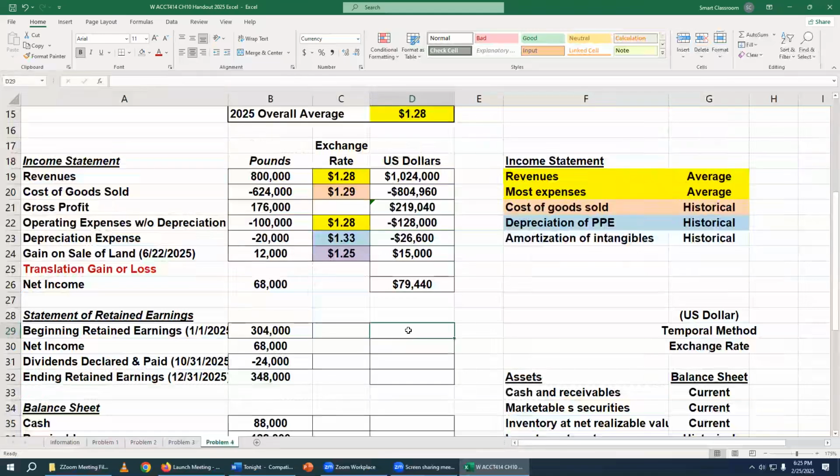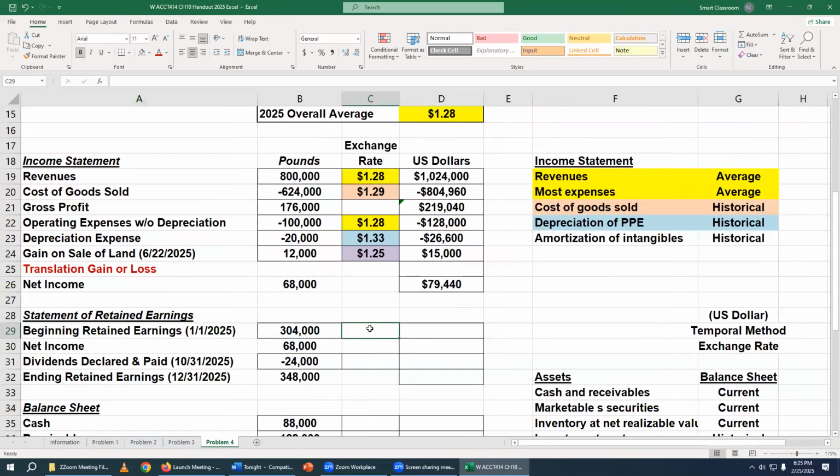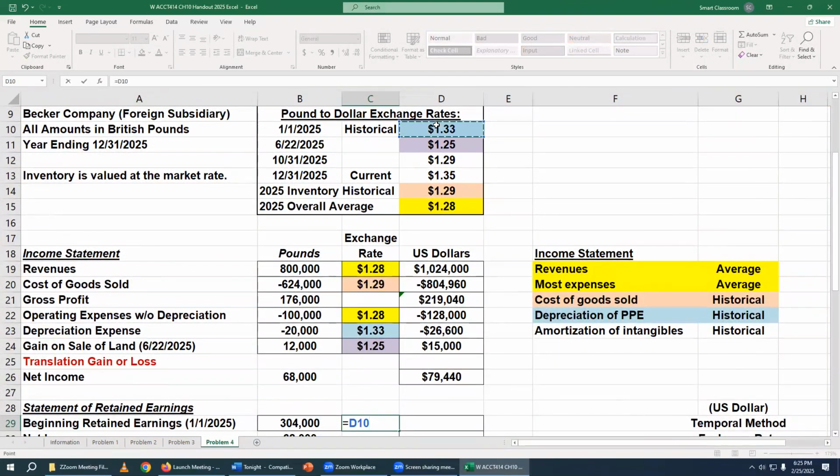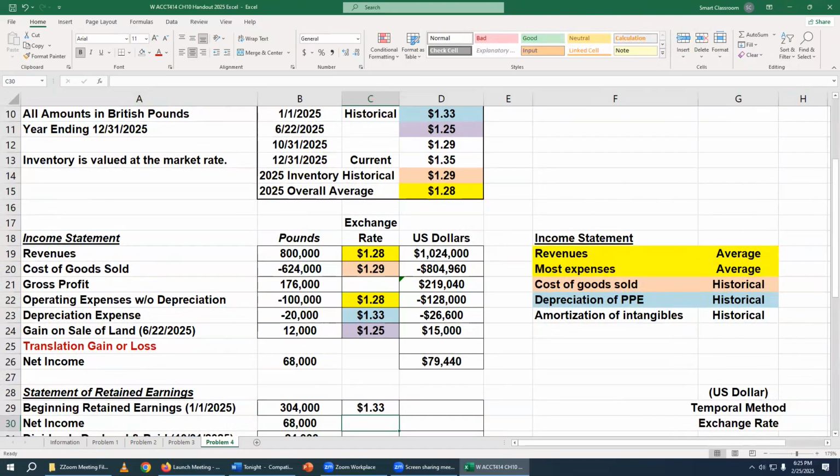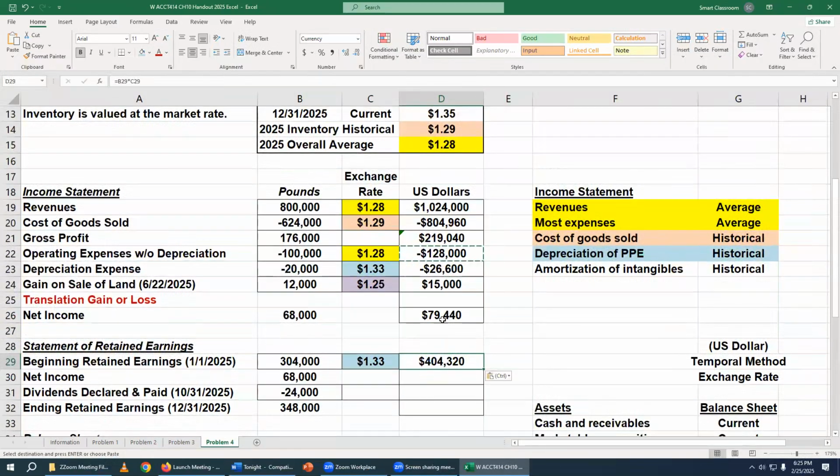Okay, let's see, beginning retained earnings. So this is historical. That should always be historical, in case it's the beginning of the year. Net income is just this net income.